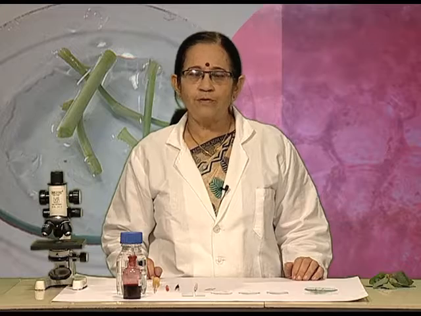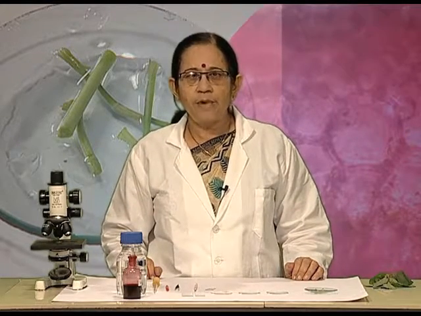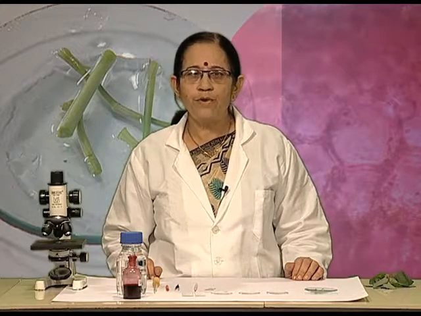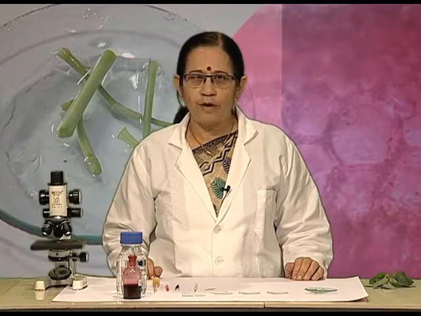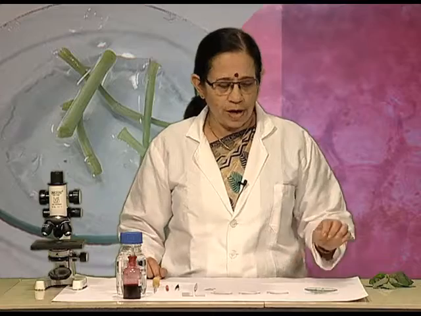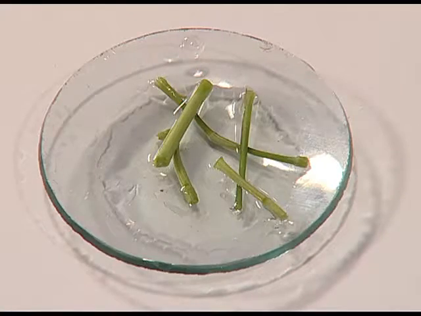So, today students, we will be studying parenchyma and sclerenchyma in a temporary stained slide. For this, what do we require? We require the stem of a herbaceous plant. This stem should be soft and cut into about 3 centimeter pieces and put in water.